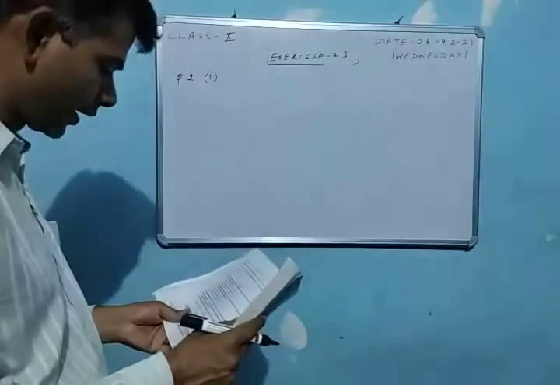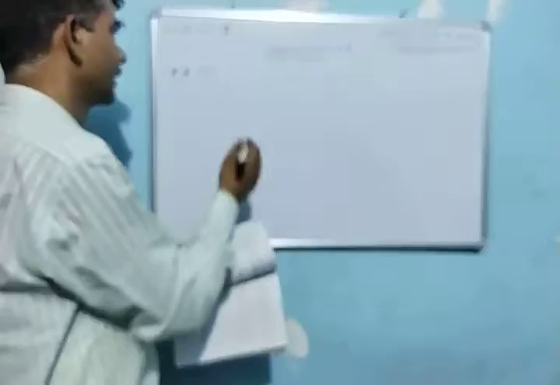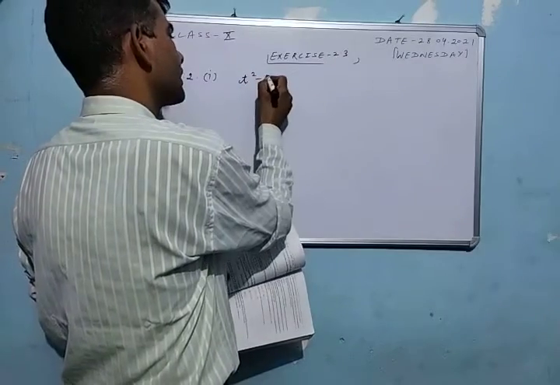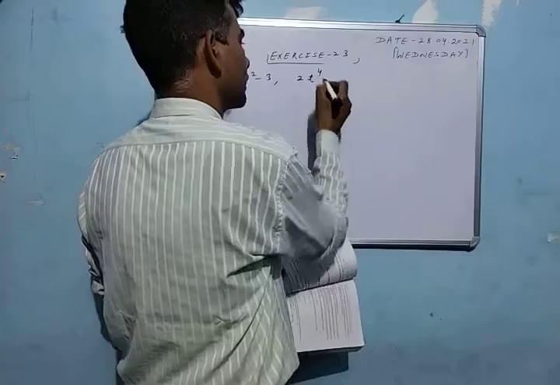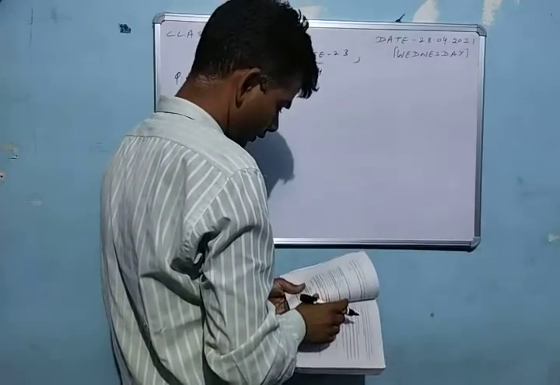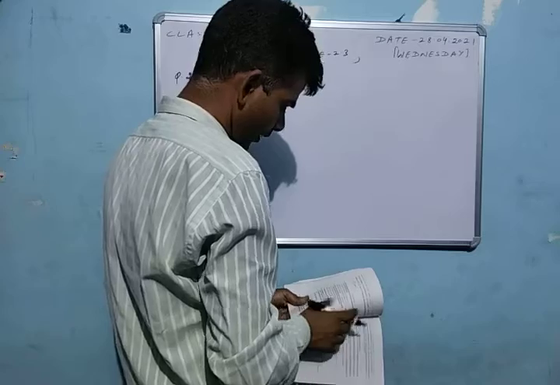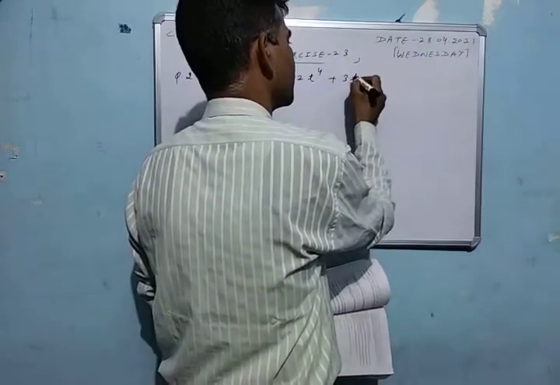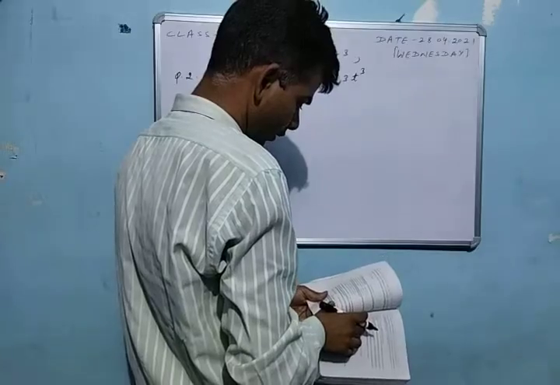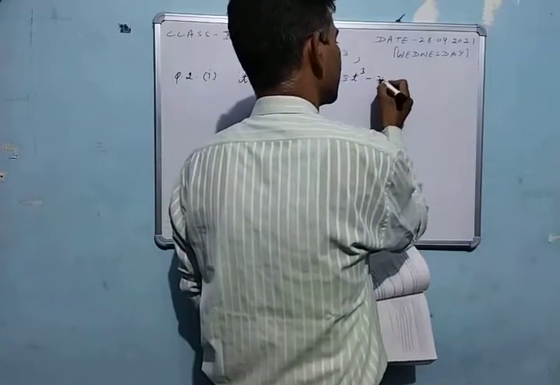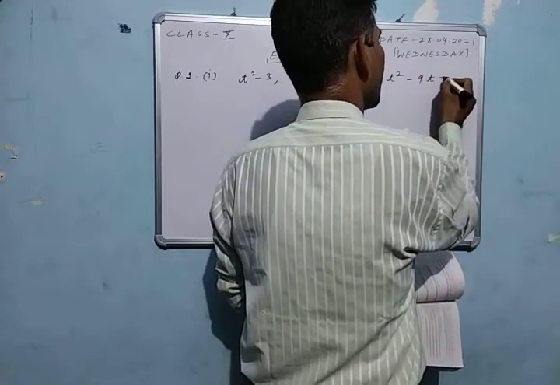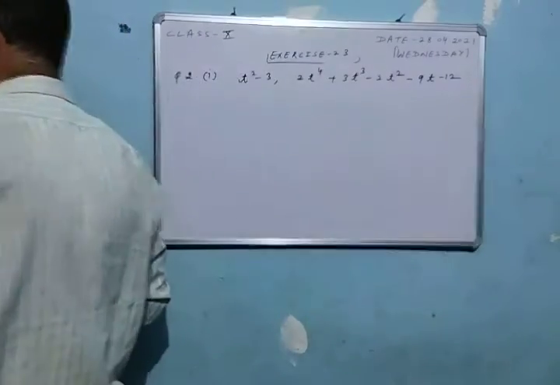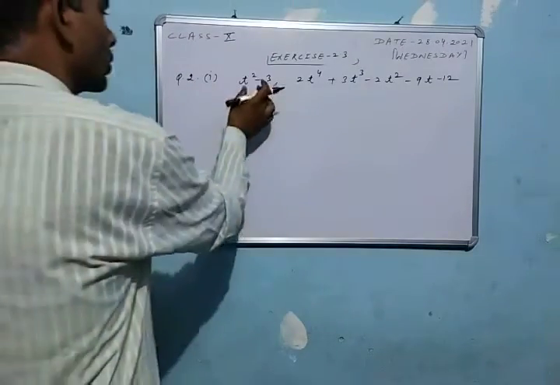The first polynomial is t square minus 3, and the second polynomial is 2t raised to power 4 plus 3t cube minus 2t square minus 9t minus 12.